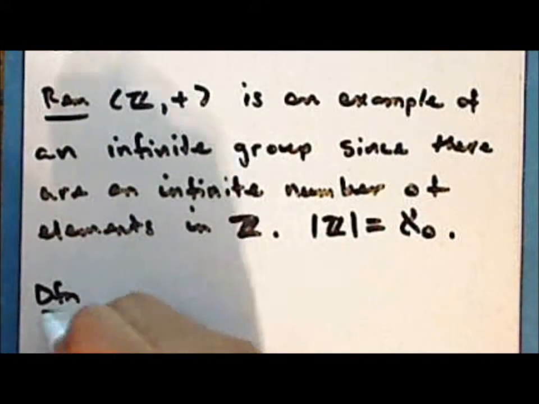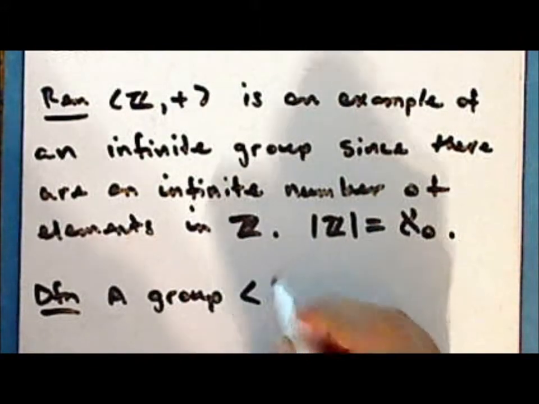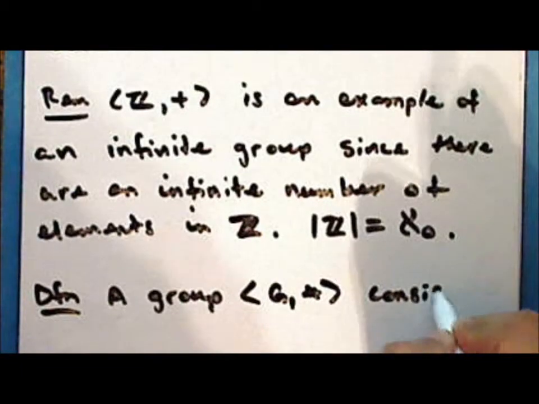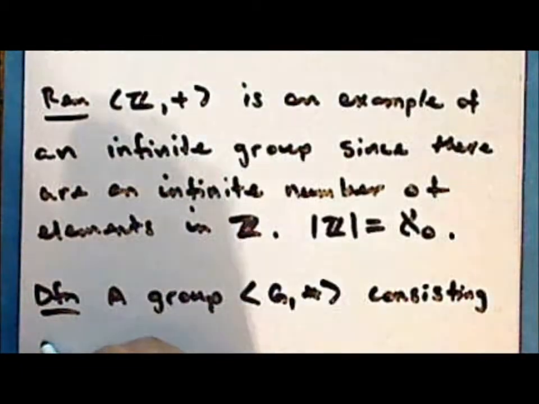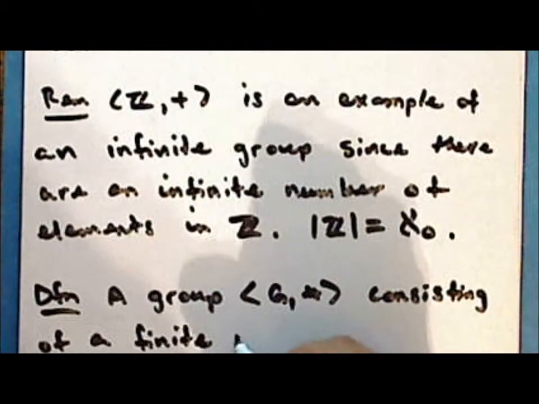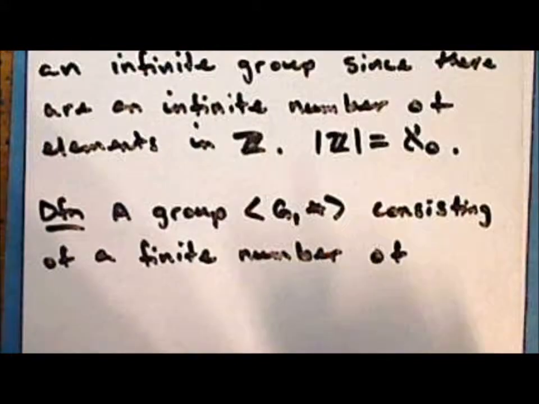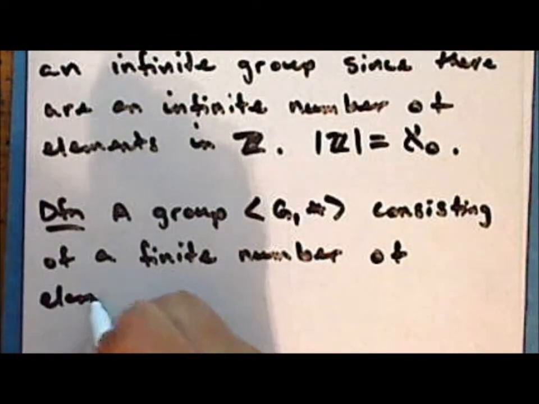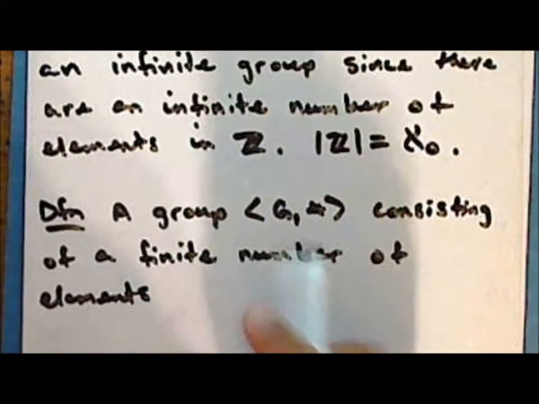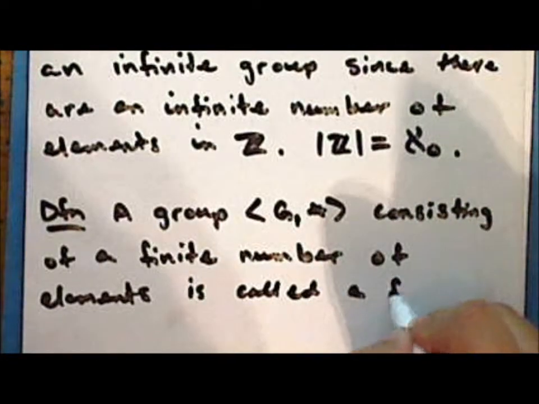So a new definition: a group consisting of a finite number of elements is called a finite group.